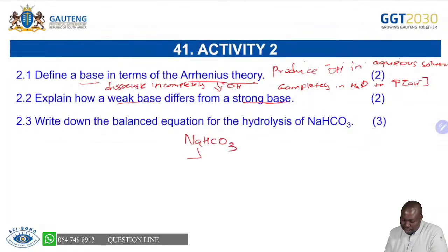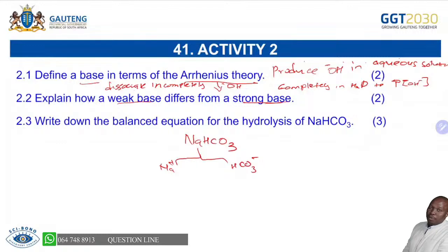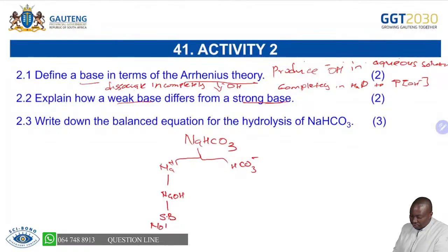The salt will be split into sodium plus and HCO3 minus. Then you look where they come from. Sodium plus is from sodium hydroxide, which is a strong base. For strong ones, we said no hydrolysis. Sodium plus will not undergo hydrolysis.